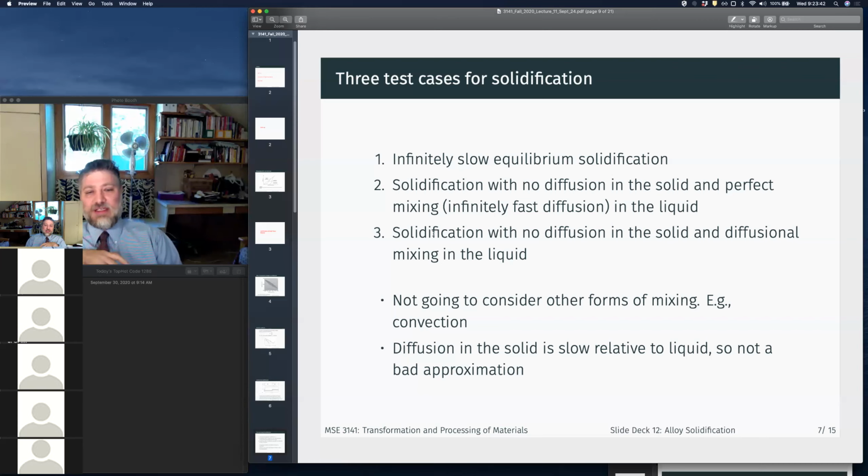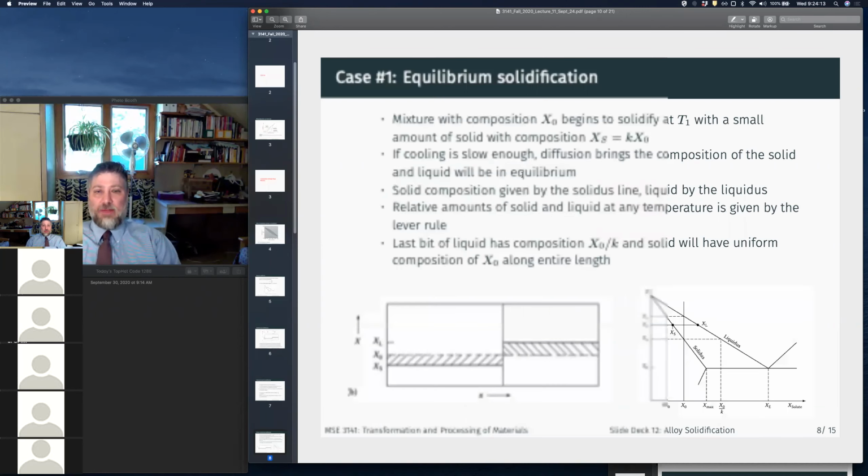And we need to consider this to get at dendritic growth or interface instabilities, right? Beyond this, there's an infinite number of ways that solidification can happen, and we're not going to worry about each and every case. Thinking about these three cases allows you to make reasonable assumptions and reasonable predictions almost all the time, right?